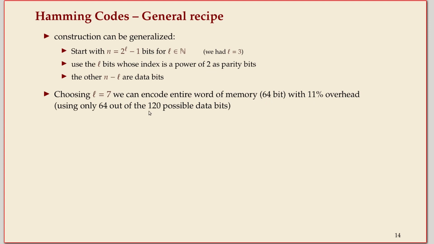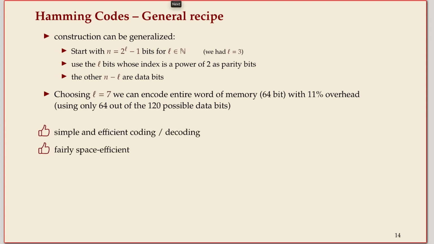And you're actually wasteful. This Hamming code would support 120 bits of data, of messages. But you might also just throw away the others and use just the 64. That's the solution that I advertised before.